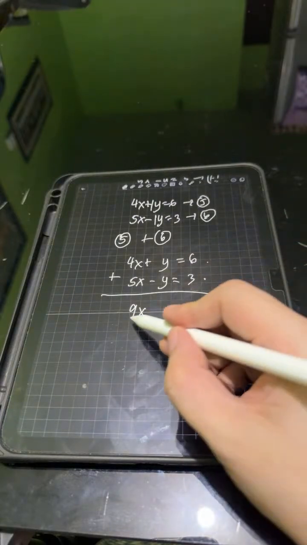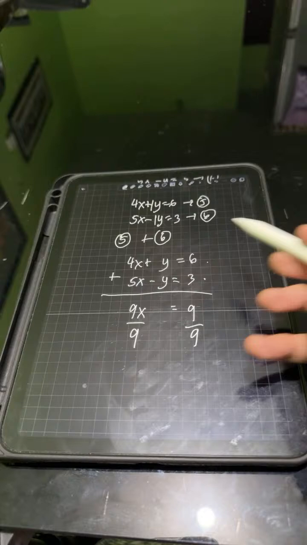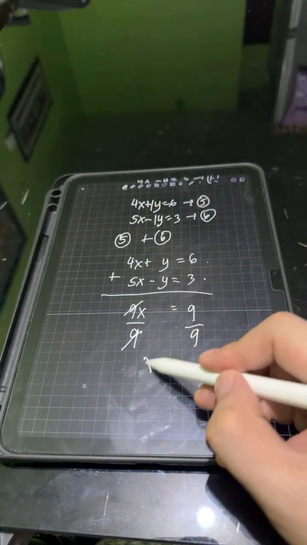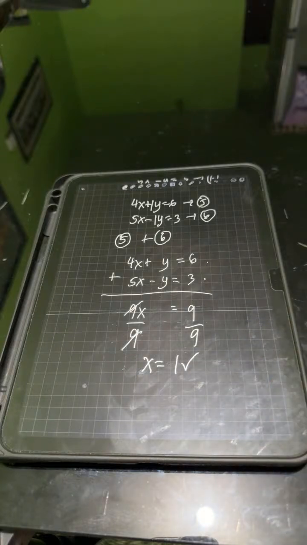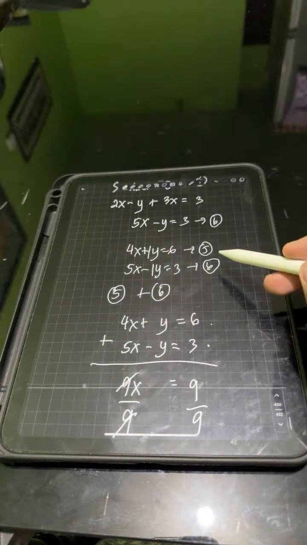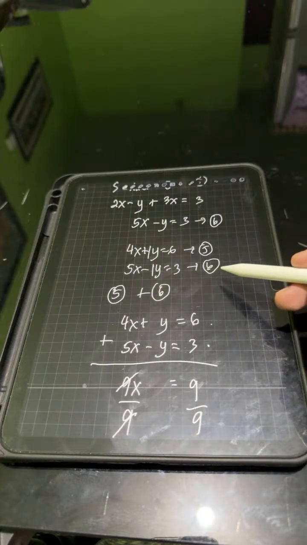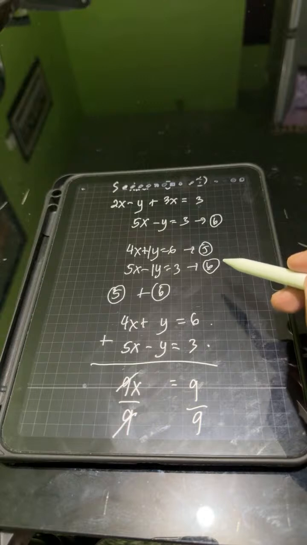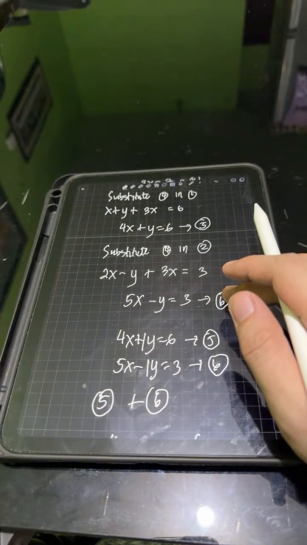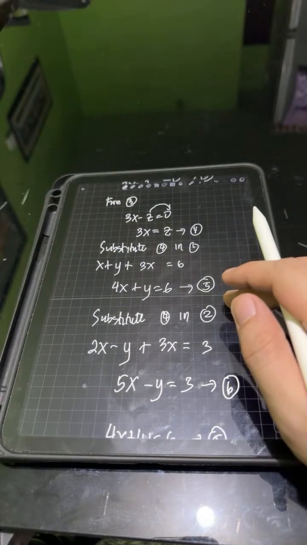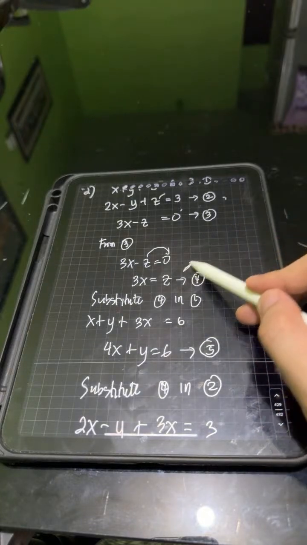To solve for x, we just divide both sides of the equation by 9. Therefore, x is equal to 9 divided by 9, or 1. Now that we have the value of x equal to 1, we can use either equation 5 or 6 to solve for y. Or actually, we can solve for z first, because it's easier.